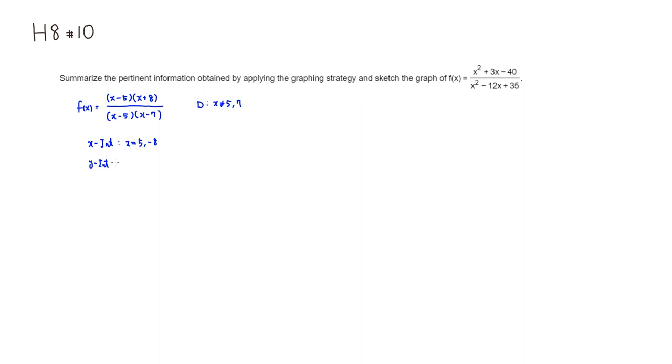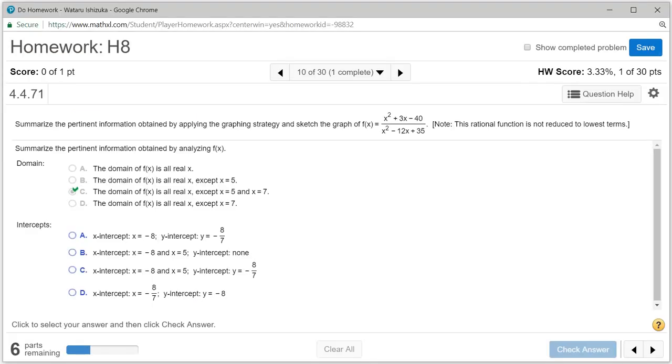So y is equal to negative 40 over 35, which is negative 8 over 7. So the x-intercepts are negative 8 and 5, and the y-intercept is negative 8 over 7.